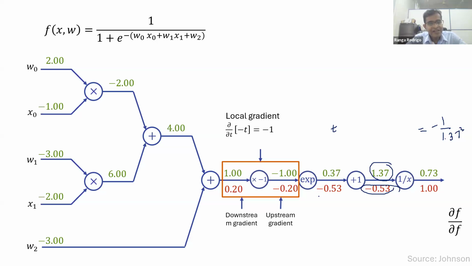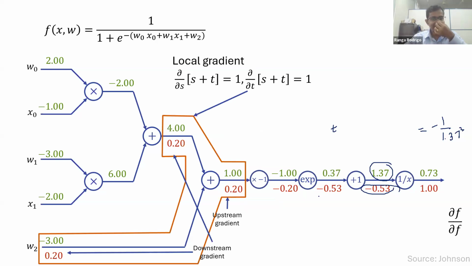Then we have the plus node. It is like s plus t. And if you differentiate with respect to t, it is 1. Anyway, so local gradient is 1. So therefore, the upstream gradient just gets repeated. So also you can see now you can come up with a rule. If you have a plus node, the upstream gradient just gets reflected back as the downstream gradient.